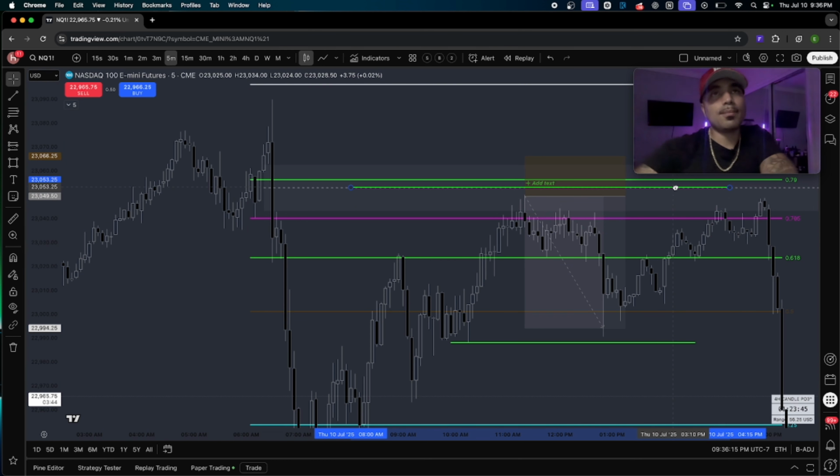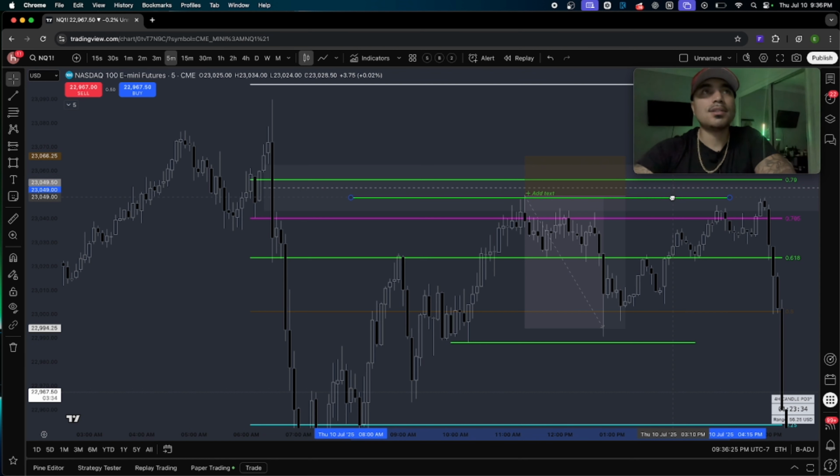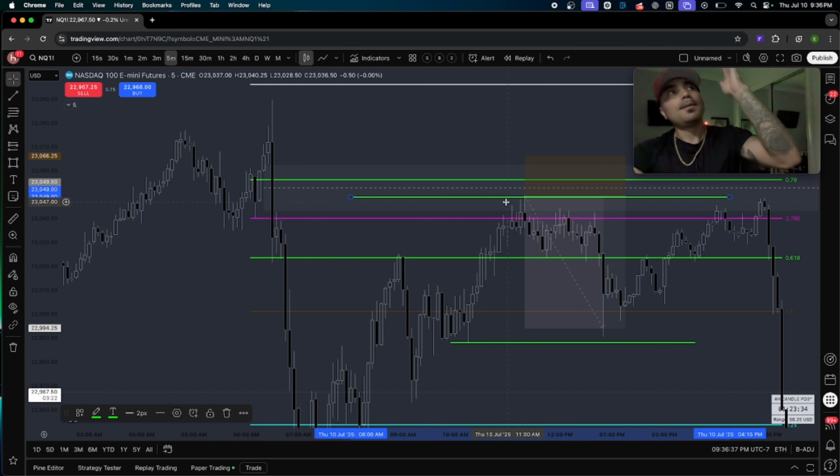I'll have a sell limit right here and wait for price to get there, and it doesn't get there. So what I do is sometimes I'll just put it in the middle, because there's a higher chance of it tapping into the middle, and I would have got a super top tick entry right there, because price will push up and then tap you in, because those are my favorite plays.